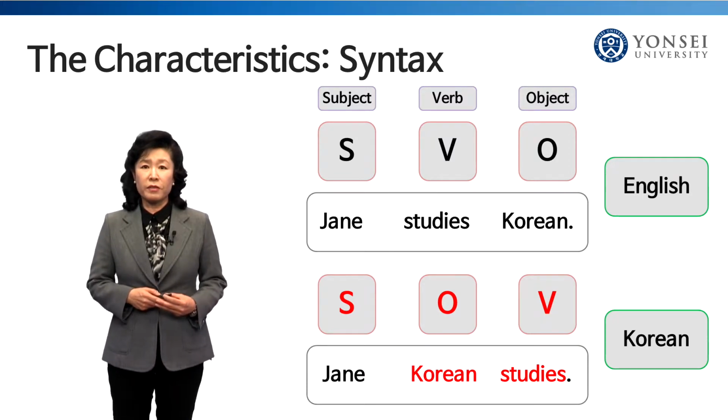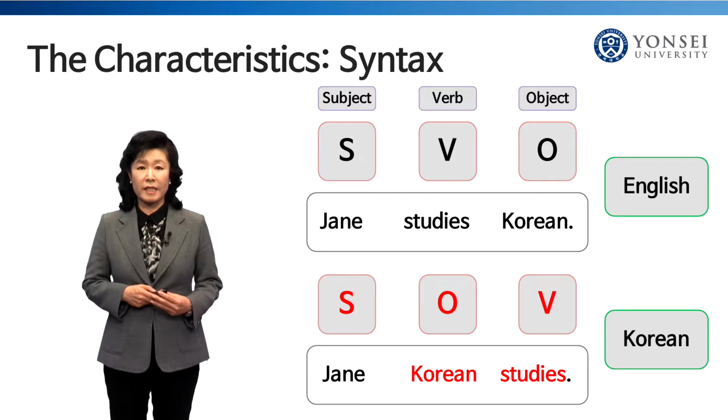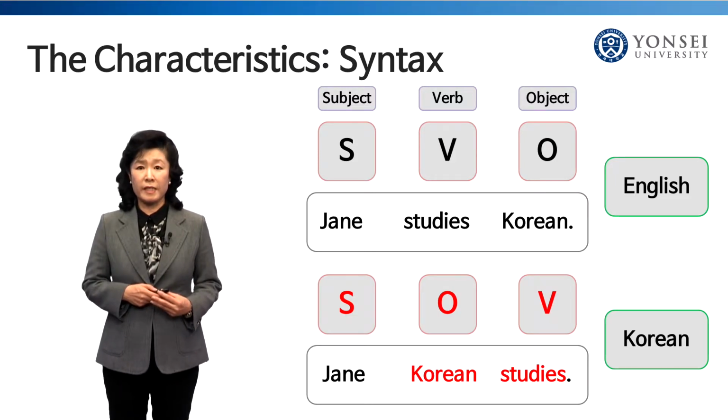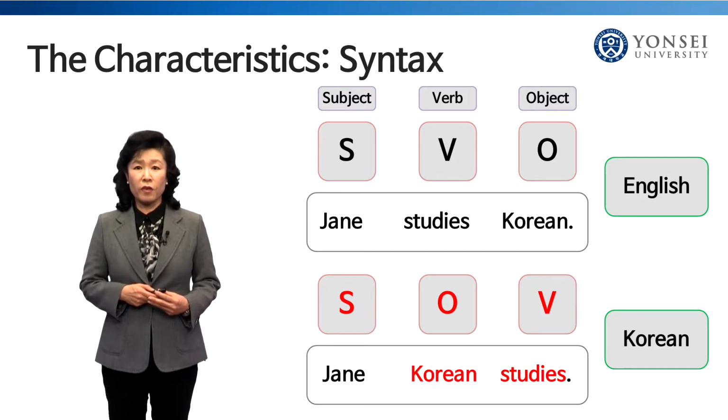First, the unique characteristic of the Korean language lies in its syntax. The sentence structure or the word order in Korean is different from that of English. Korean is a language in which the verb or the predicate comes at the end. Thus, a sentence ends in a verb or an adjective.